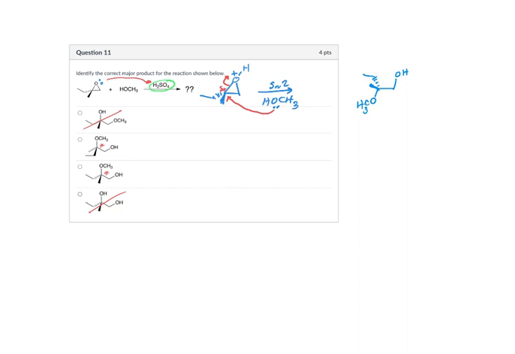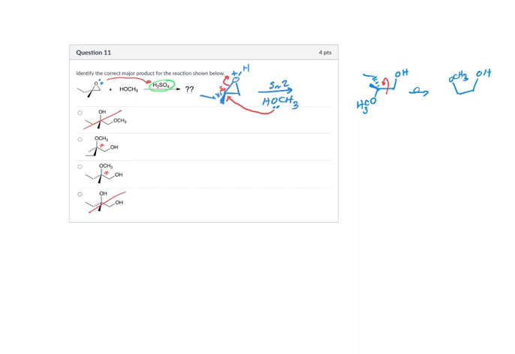So let's convert our answer to that same format or same type of drawing. Let's rotate around this bond. And so I'm going to draw this OCH3 going up.